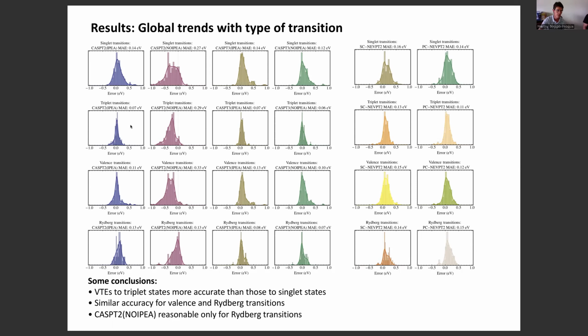We can observe that it's slightly more accurate for triplet transitions than for singlet transitions. And the accuracy is very similar between valence transitions and Rydberg transitions. Of course, CASPT2 without the IPEA also systematically underestimates the vertical transition energies for all types of transition, apart from the Rydberg transitions, which seem better described.